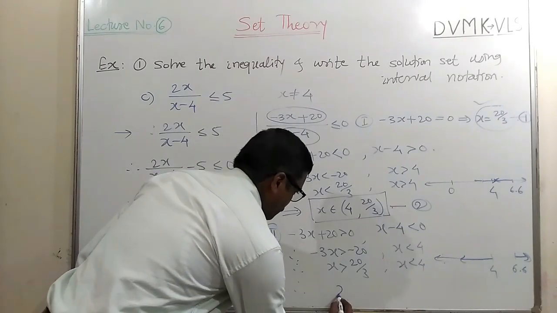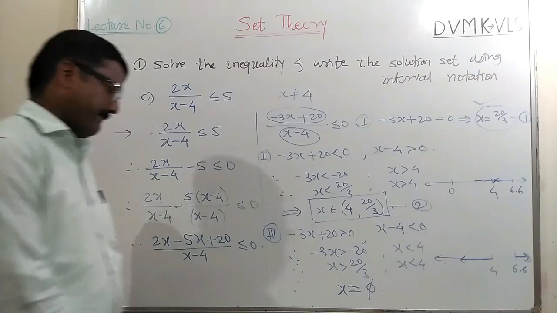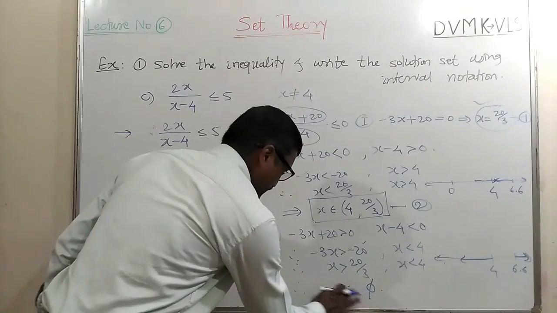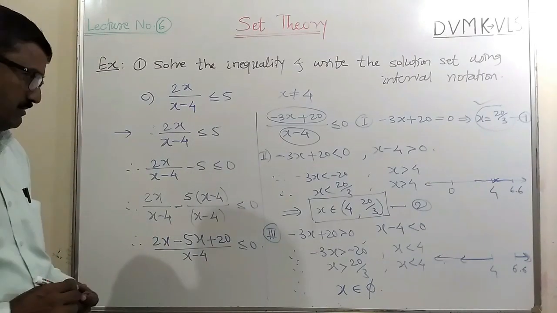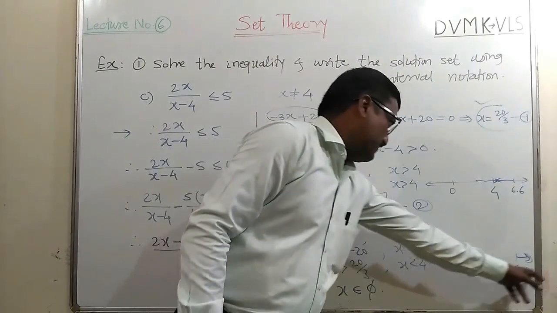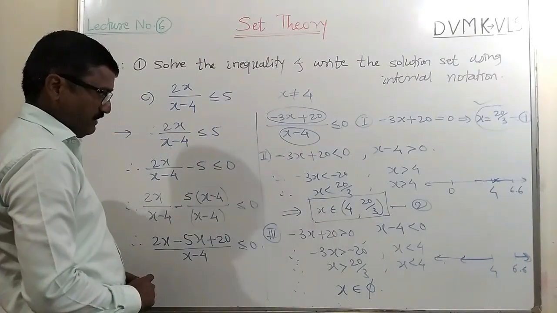So at this stage x belongs to the empty set, because x should be greater than 20 by 3 and x should be less than 4 at a time. It is not possible.